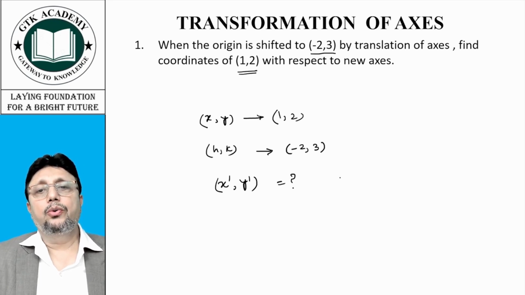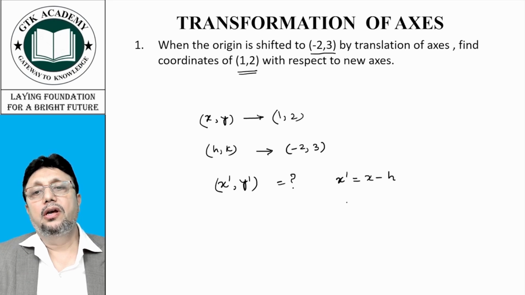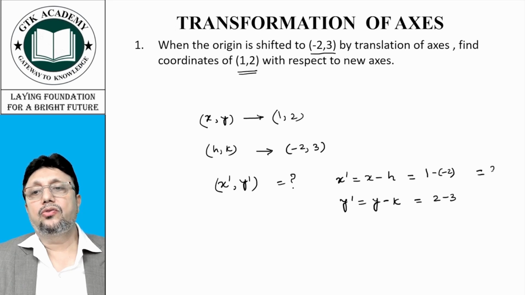Now we already told you that x dash is equal to x minus h and y dash is equal to y minus k. So x dash becomes 1 minus minus 2 and y dash becomes 2 minus 3. So this is 3 and this is minus 1.